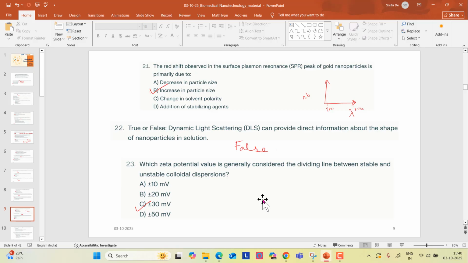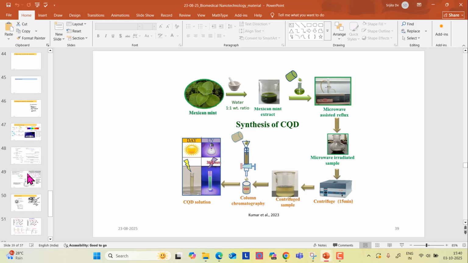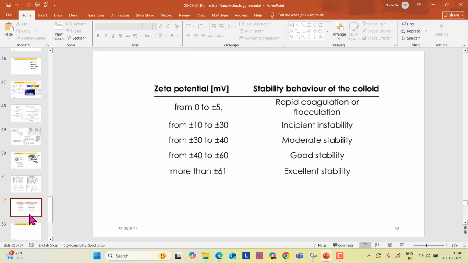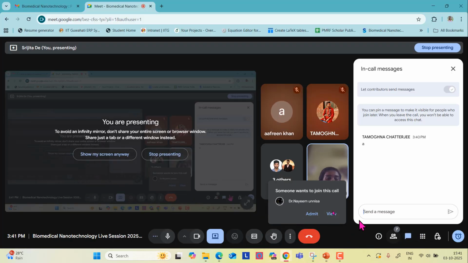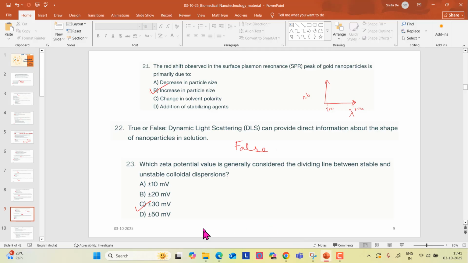If you see the first week lecture, from plus minus 30 and above, stability is achieved, and below that plus minus 30 it is the instability portion, right? So the answer is plus minus 30.